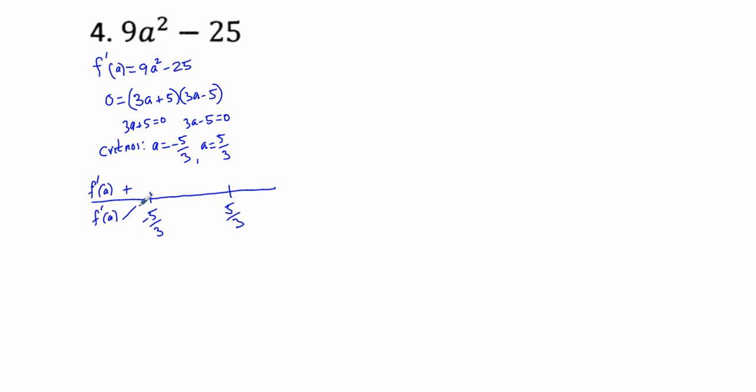So we're going to be increasing. And then at 0, we're going to have a negative times a positive. So we'll be going down like this. And greater than 5/3, we're going to have a positive times positive.